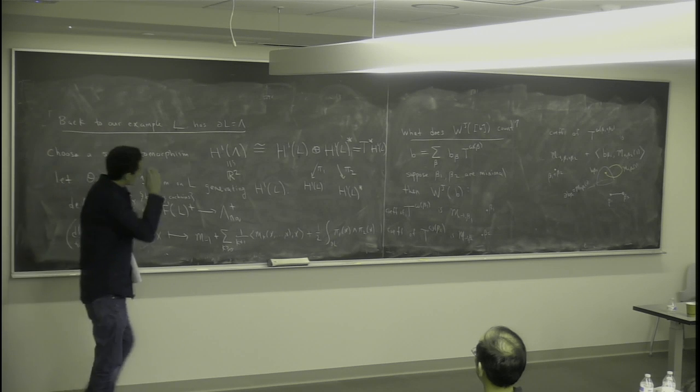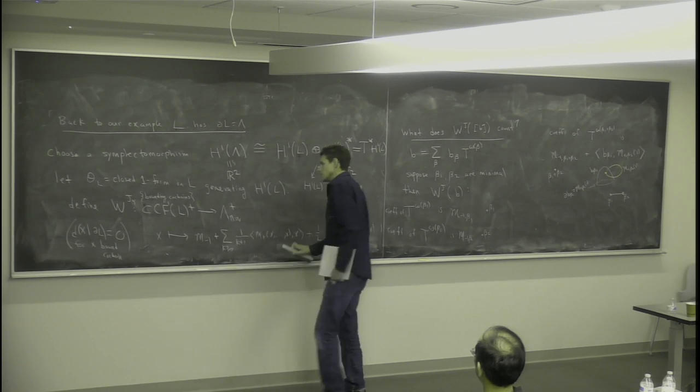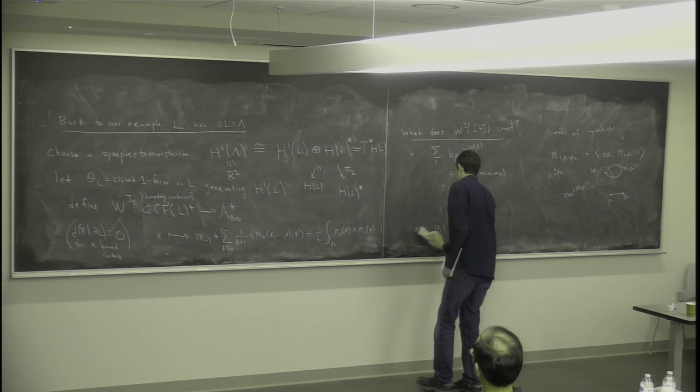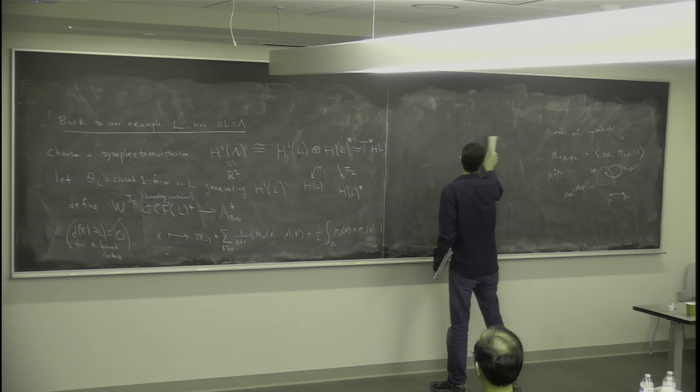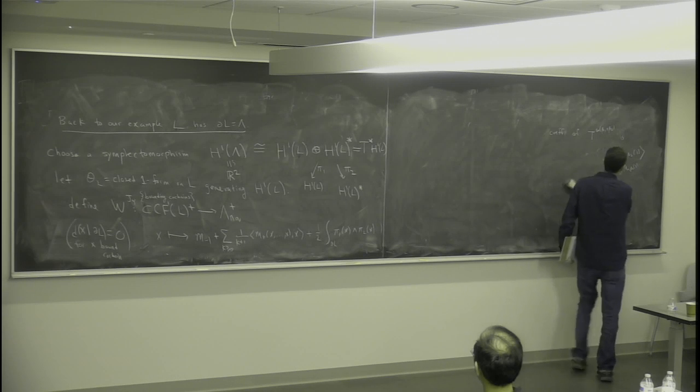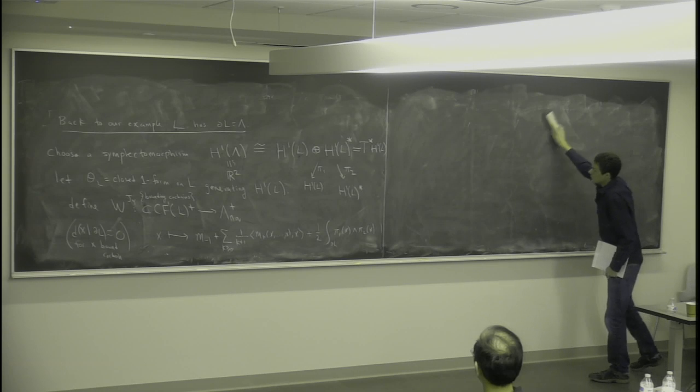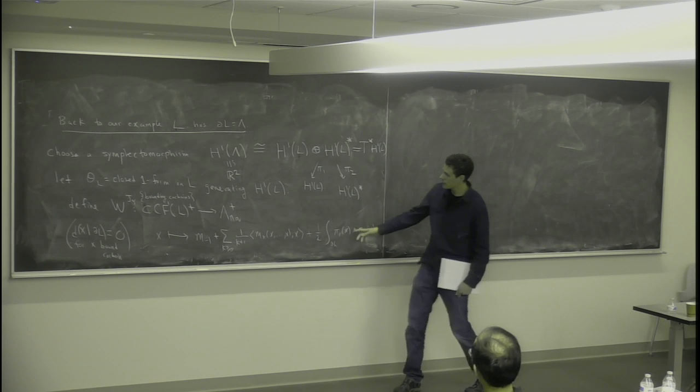Okay, so then we can prove that with this extra term on the end, this has the property that it only depends on the gauge equivalence class of x. So this descends to a function defined on the moduli space of bounding cochains.